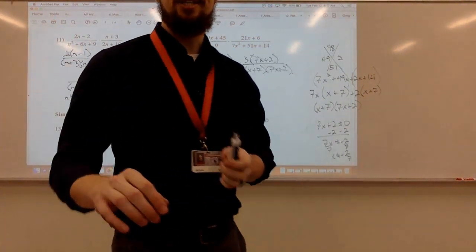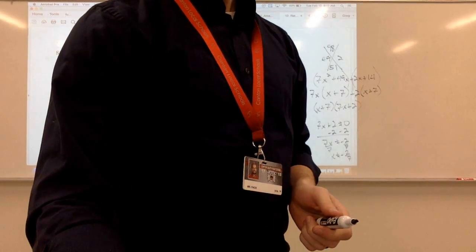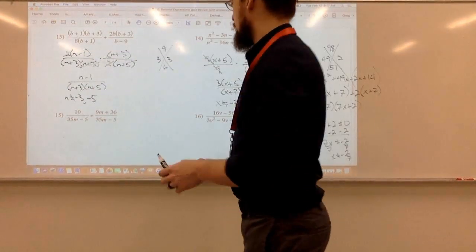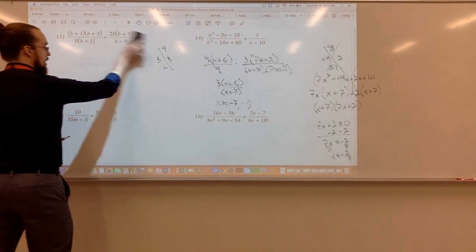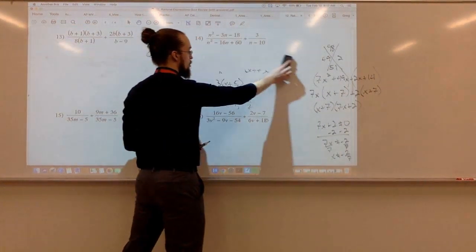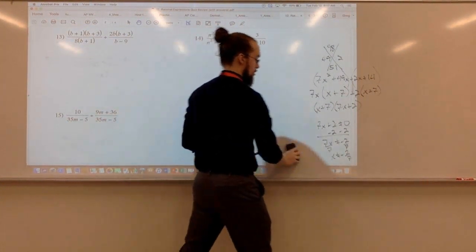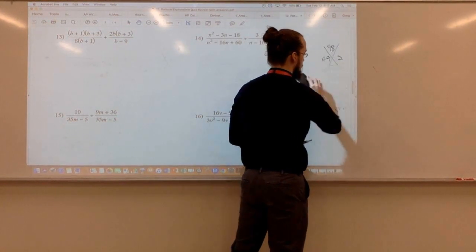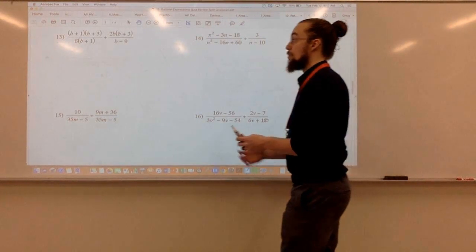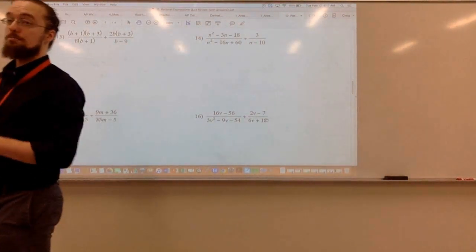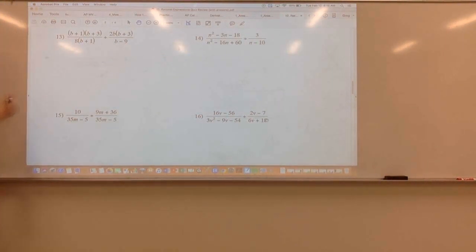Alright, then the final section was division. So division is pretty similar to multiplication, except there are 2 small differences. First is that we can turn this into a multiplication problem by taking the reciprocal of the second fraction.